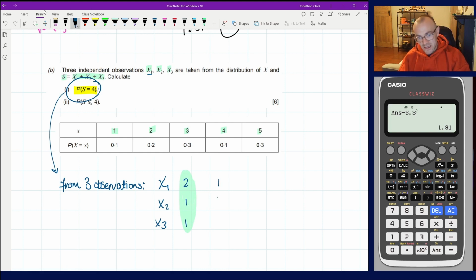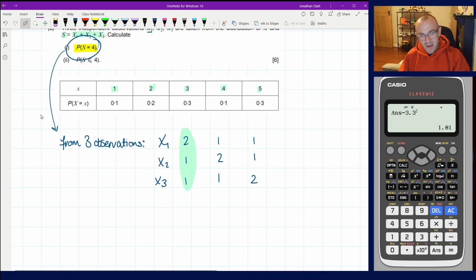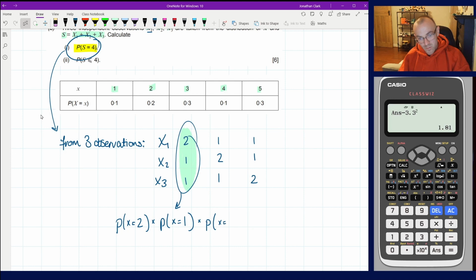So that's one thing that could happen, but equally likely is this or this. Those are the 3 ways that we could get a score of 4. To calculate something like this, we would just multiply the probability of getting a 2 by the probability of getting a 1 by the probability of getting a 1 again.